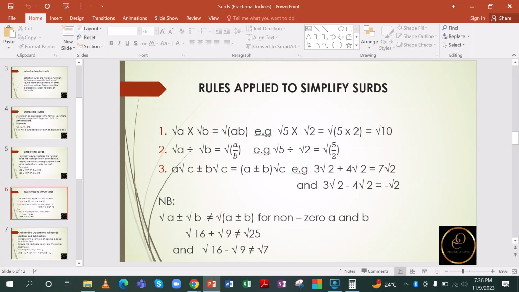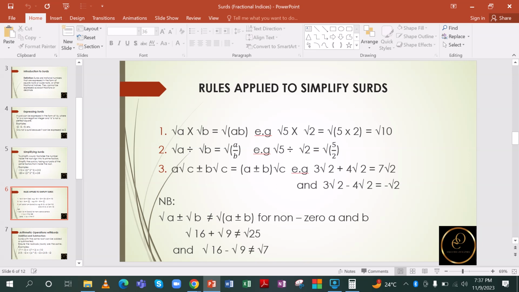When you are dividing, the square root of A divided by the square root of B is the same as the square root of A divided by B. So for instance, the square root of 5 divided by the square root of 2 is the same as the square root of 5 divided by 2. That's a rule you're supposed to follow to simplify surds.